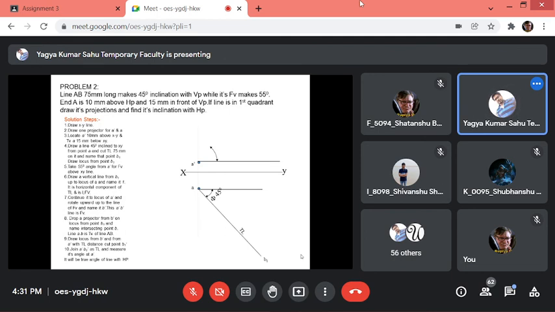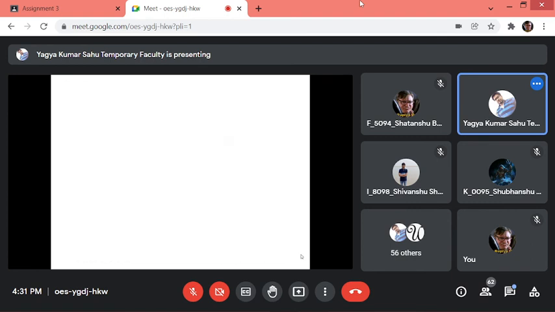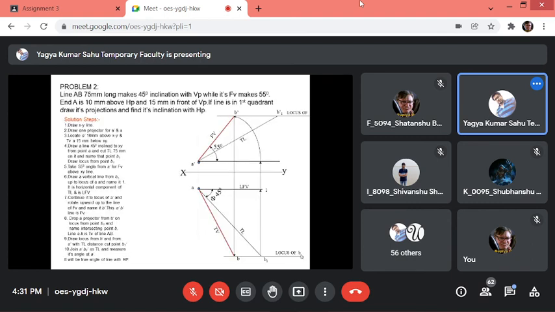Okay. Then locate the front view. Okay, like this. See, the same things. Easy, right? Yes, sir.